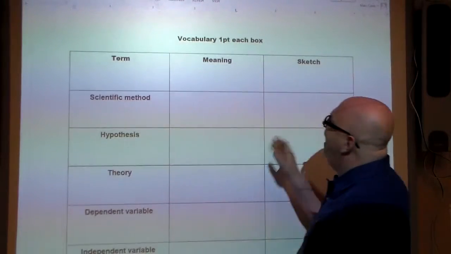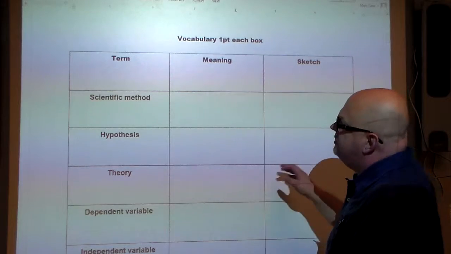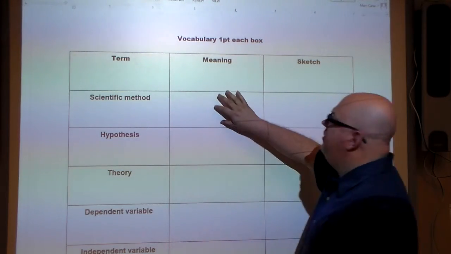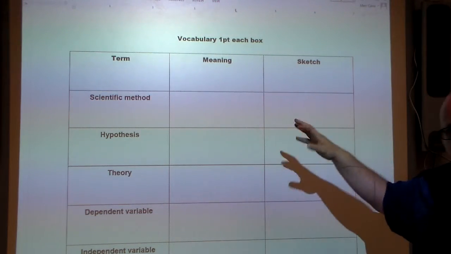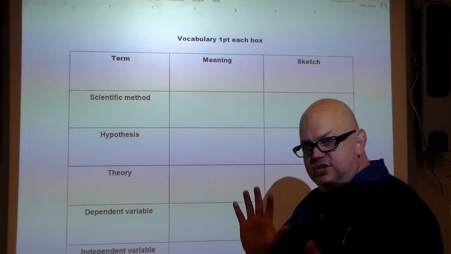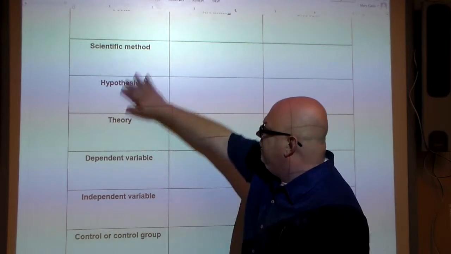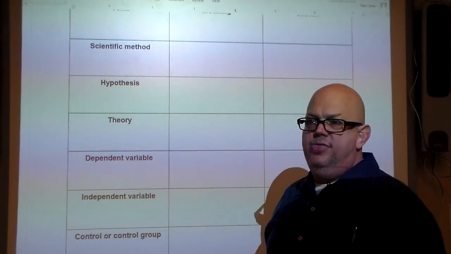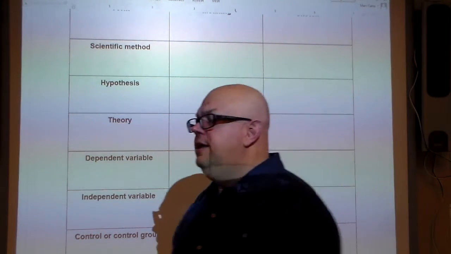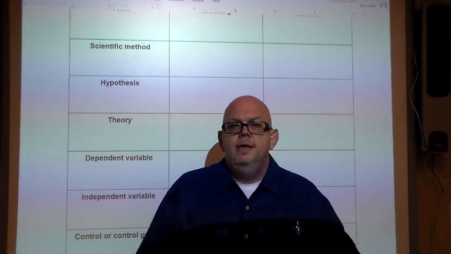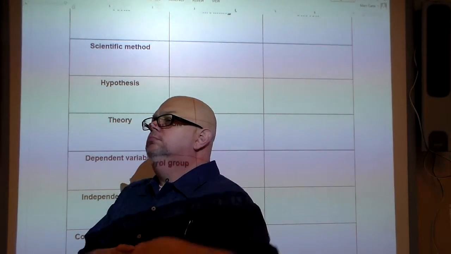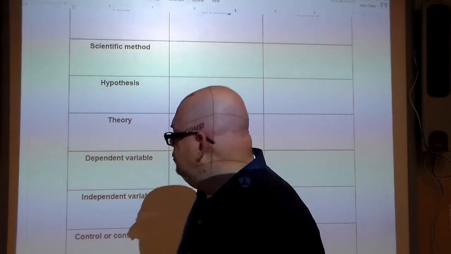All right, so vocabulary, 1 point for each box. The term scientific method, the meaning, and a sketch. What would the scientific method look like to you? We need to get through this part here. You absolutely need to be familiar with this. I know we covered it in regular chem and honors chem, but it needs to become much more familiar to you.